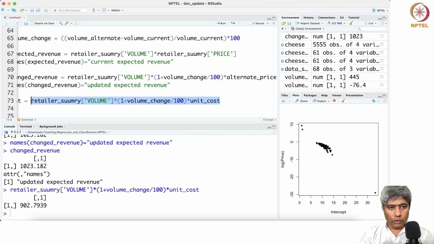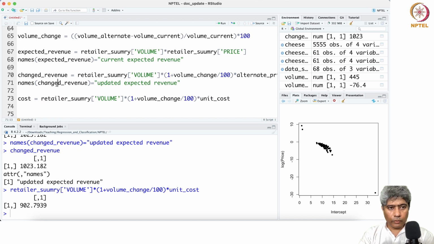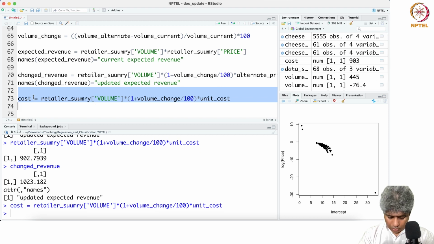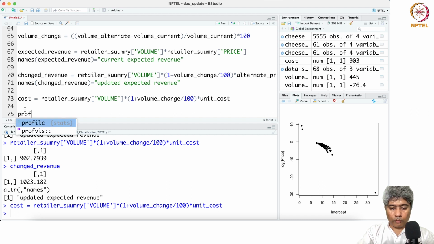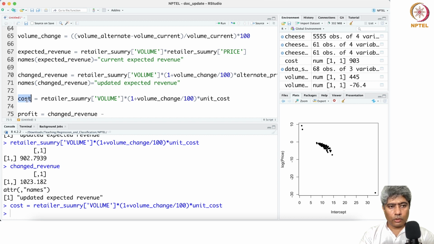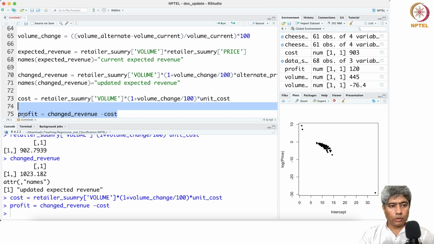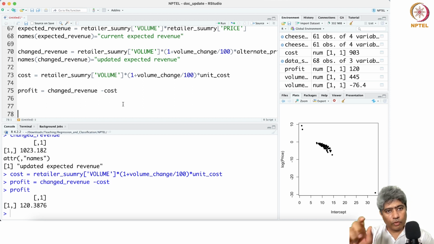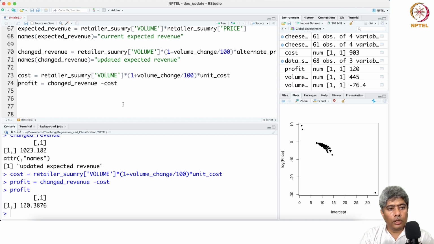So this will be the total cost and change revenue is this, and profit would be changed revenue minus cost. So the total profit will be $120. Okay, from this one particular guy.